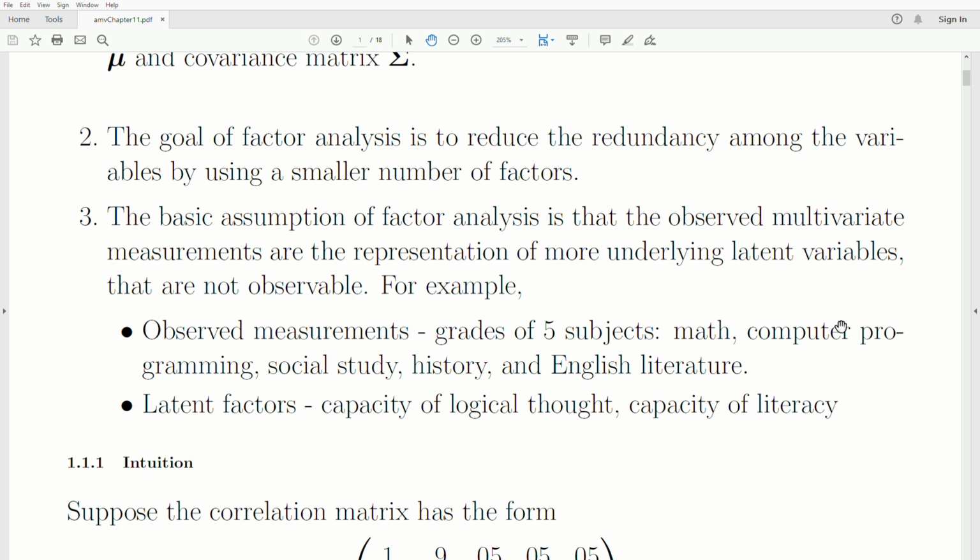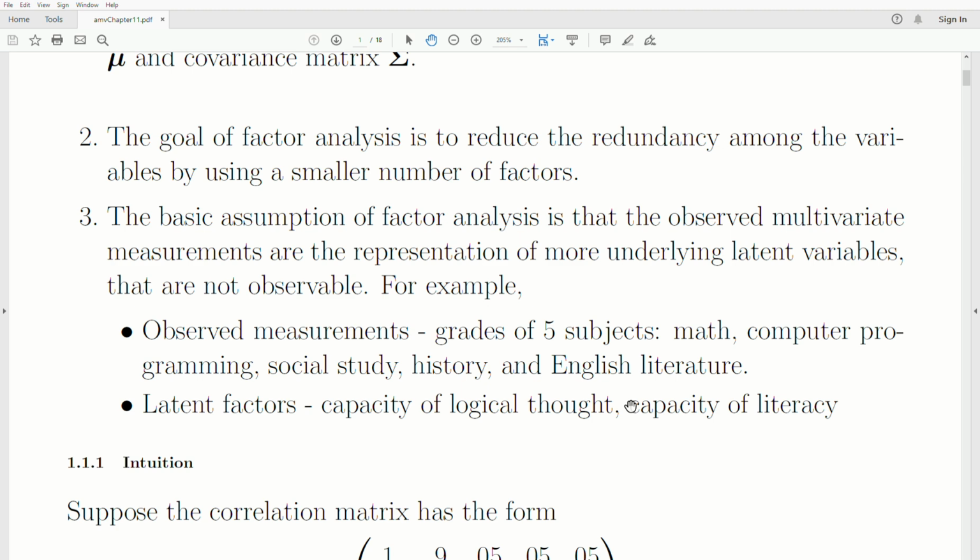So math and computer programming are very analytical and logical, and so these two variables are just pieces of some underlying factor called capacity of logic. And the other 3 variables all fall into capacity of literature.